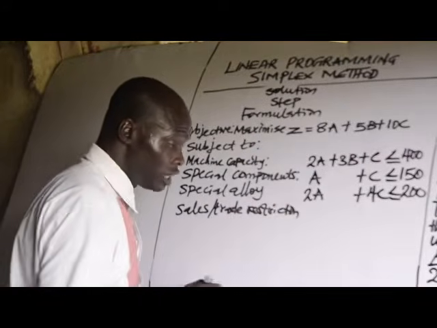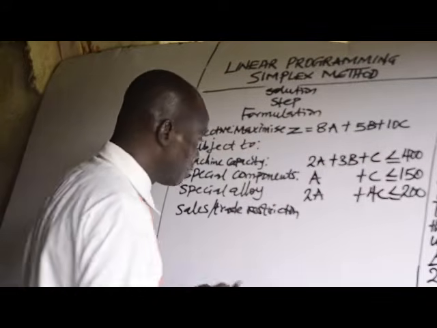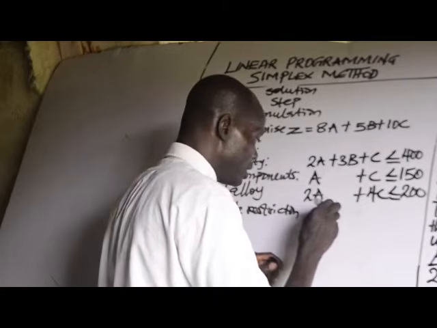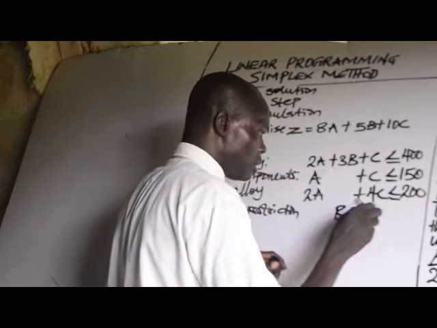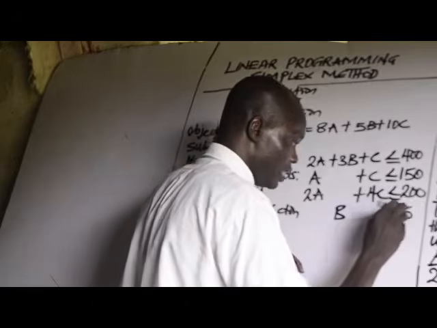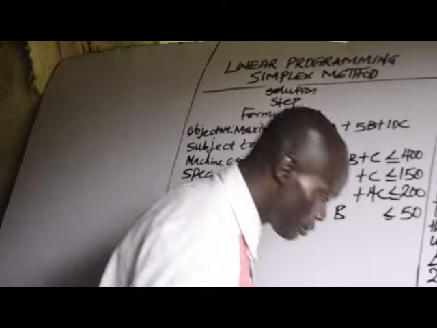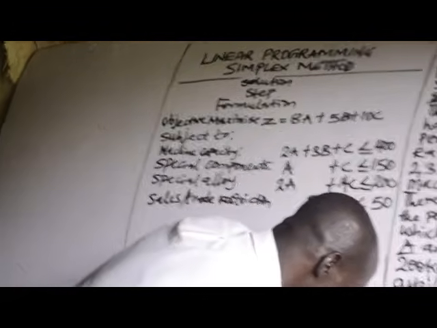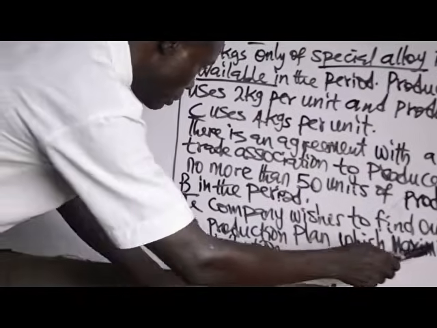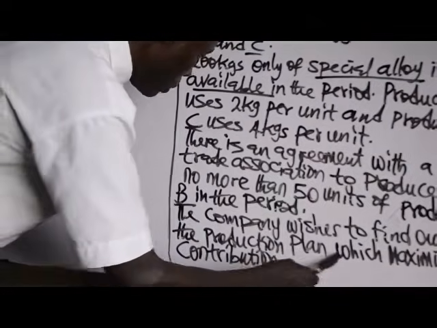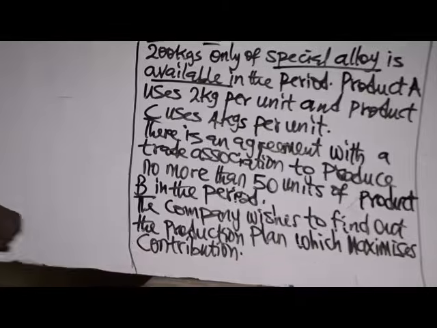The maximum unit of B is 50, so we have B not exceeding 50. The company wishes to maximize the production plan, which maximizes contribution.